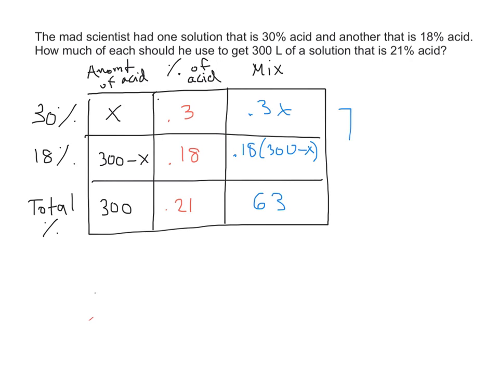Now we would have to add this column together, and we'd get 0.3x plus 0.18 times (300 minus x) equals 63.